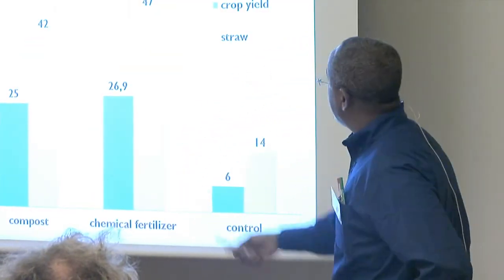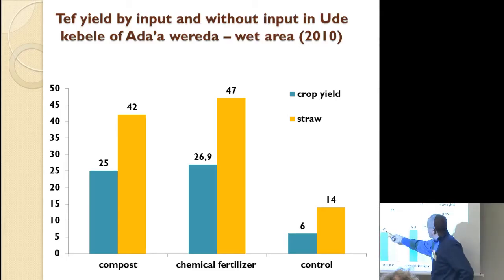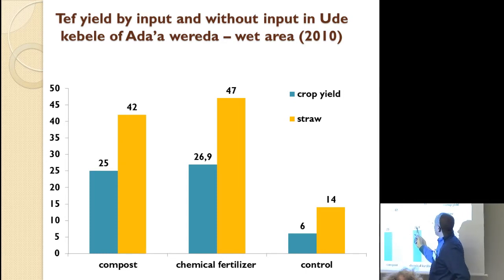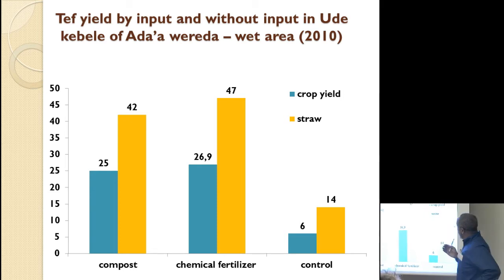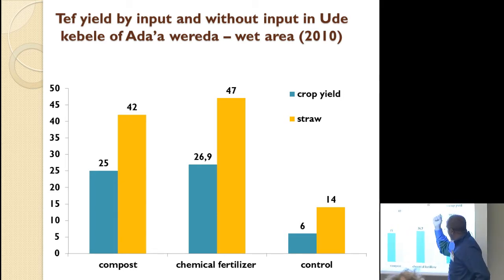The other one is this, which is 25 for compost and about 27 for fertilizer, in the wet area of southern Ethiopia. About 2 quintals is higher because the moisture has helped the chemical fertilizer boost its nutrient yield.